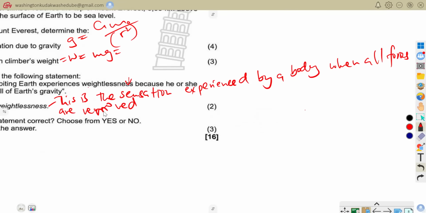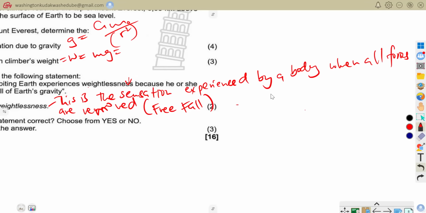Just like a feather, we remove all the forces that are acting on it. It becomes weightlessness. This is the reason why we would call the fall of a feather free fall. It is just falling without any force acting upon it, because at some point of it not having weight, being light.